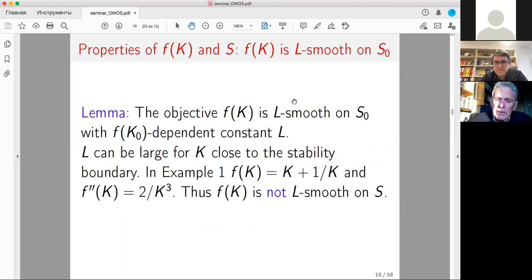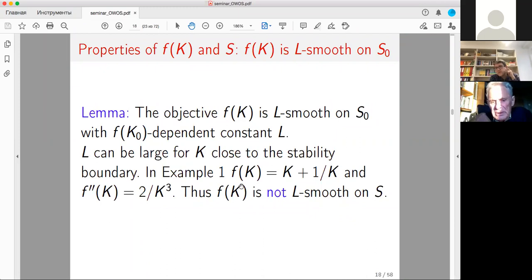And a very important thing is that our function is L-smooth. But it's L-smooth not on the whole domain, but on any sublevel set. And the constant L depends on this value of f of k0.